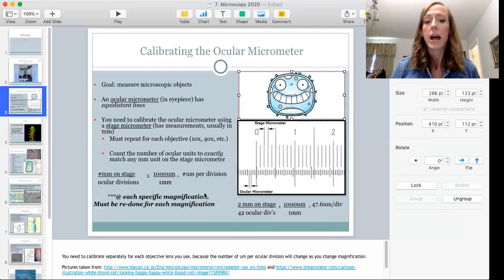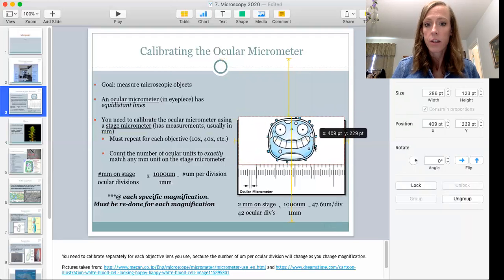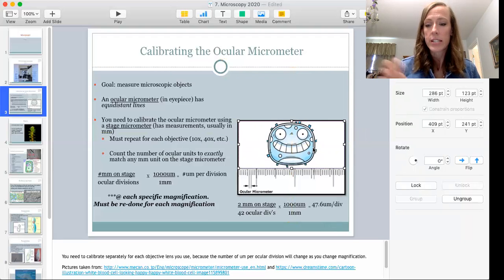Okay, so when you have calibrated each of your objectives to the ocular micrometer, then you can place your cell back on the stage. You can take off the stage micrometer, place whatever your specimen is, whatever you want to look at, back on the stage.